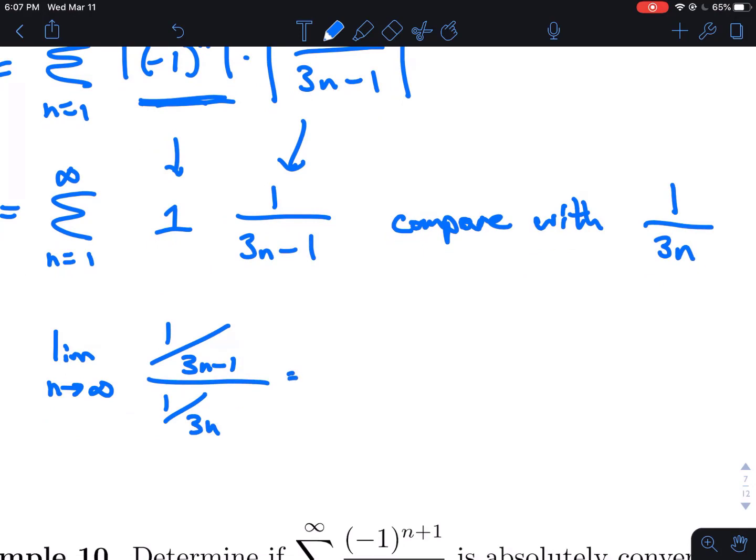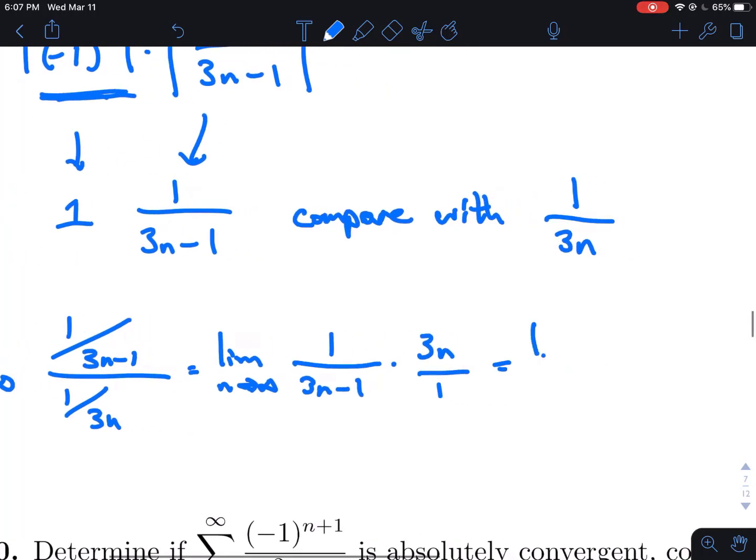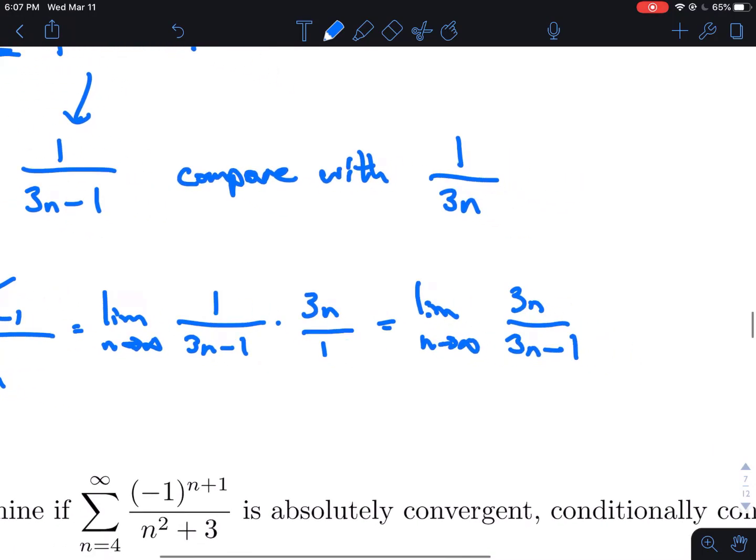Let's see, I have a bunch of fractions divided by fractions and all that sort of stuff. So let's go ahead and multiply by a reciprocal. So this one stays the same, and then I'm going to multiply by 3n divided by 1. Maybe I could do one more line of simplification here, 3n divided by 3n minus 1. And at this point I'm going to go back and use my algebra technique.